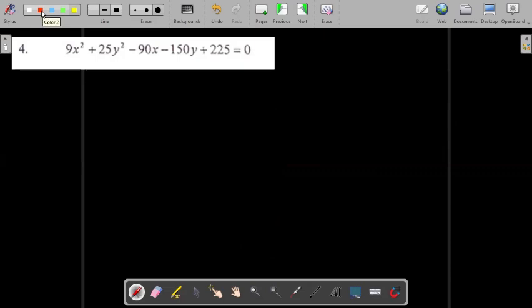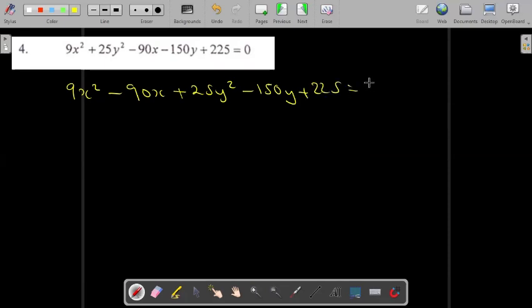Yes. Okay, thank you. So this is the question which we have here, and for this question, we need to identify what conic section it is first. So remember, how do we do this? We have to complete the square on the like terms. So we have 9x squared, I can group it with 90x here, then I have plus 25y squared minus 150y plus 225 equal to 0.